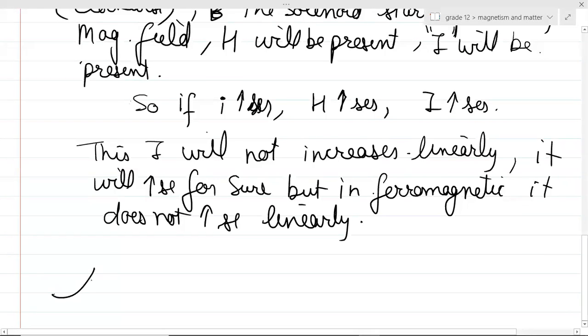We are just talking about the O to A part only. Initially the graph goes like this, and after a certain time the graph becomes like this. Even after increasing H, the value of I increases slowly, right?